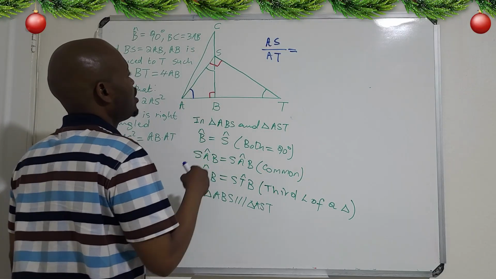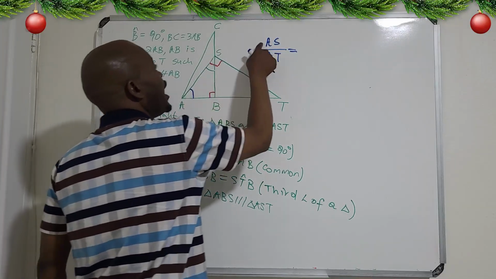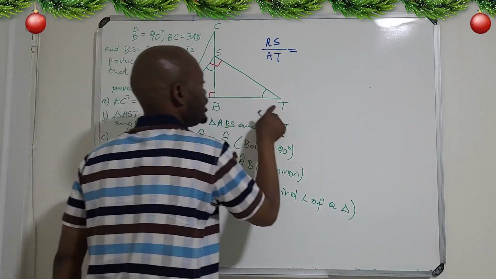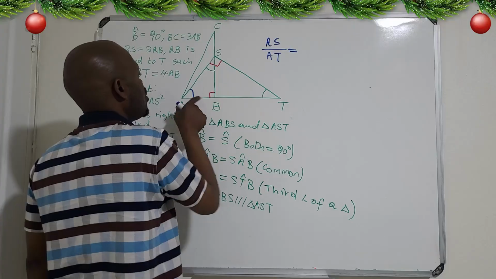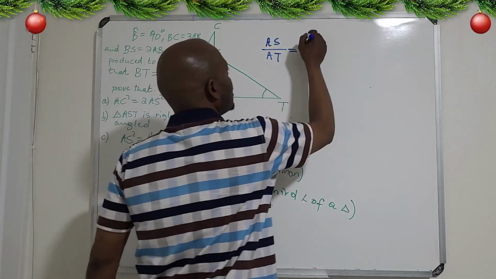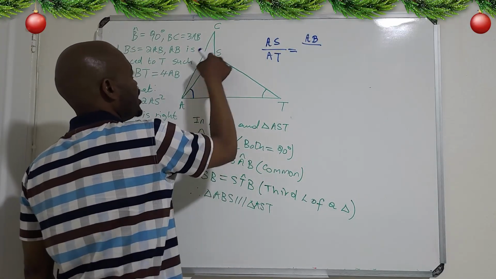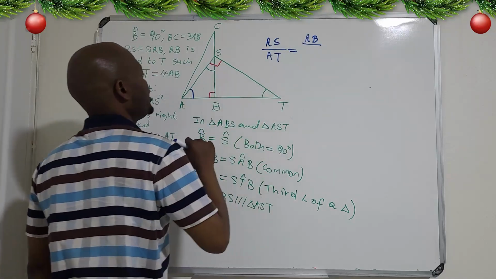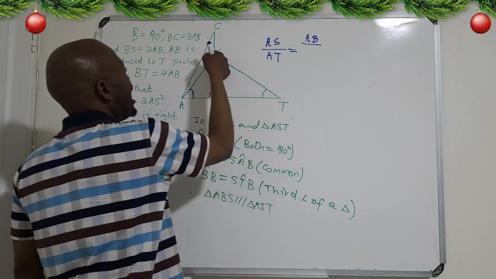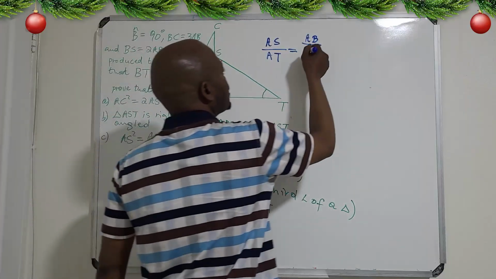We start in this triangle where this angle is opposite this side. That is why we say AB over, we look at the side which is opposite this angle in the other triangle, which is obviously AS.